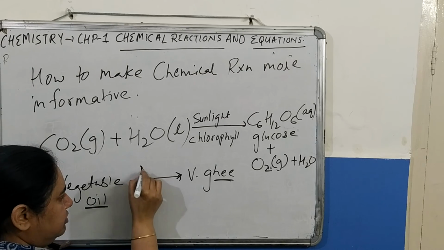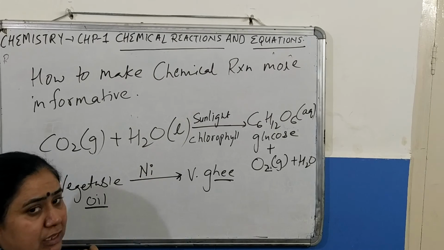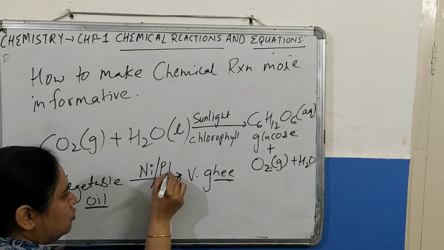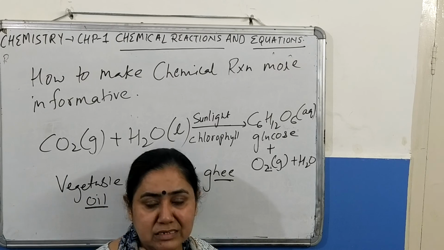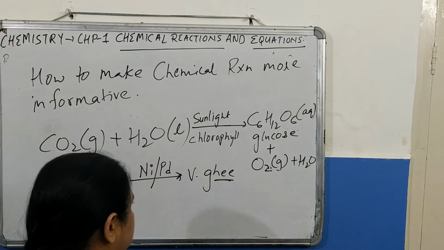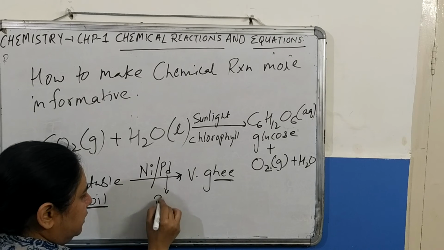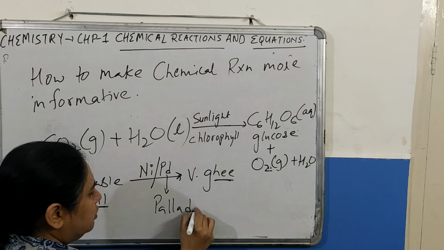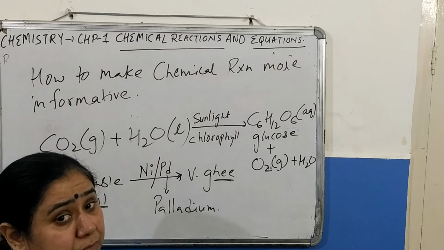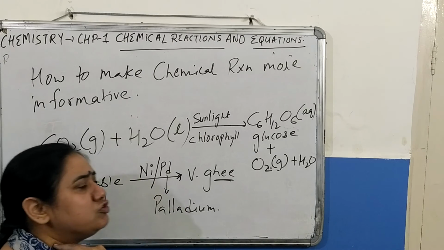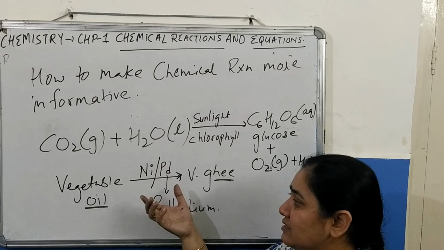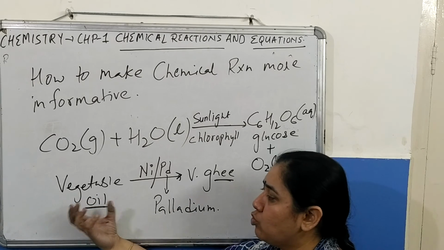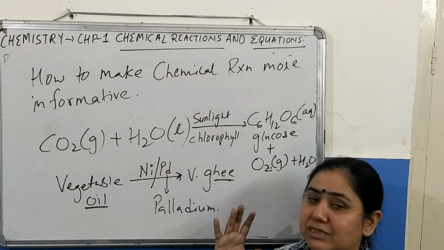But there is one essential condition: it takes place in the presence of a catalyst, that is nickel or palladium. This is your nickel, and this is maybe a new element for you, palladium. If it is not present, this reaction is going to take a long time. So the catalyst is helping vegetable oil to get converted into vanaspati ghee.